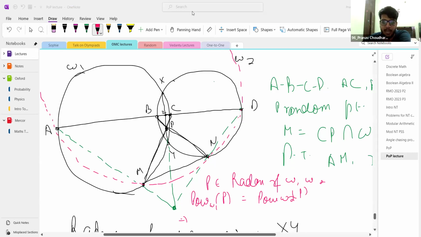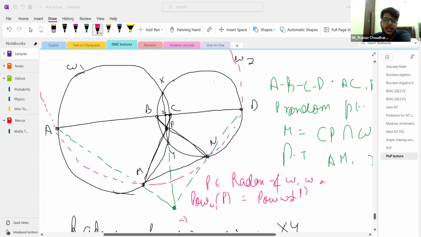Aditya, I don't know. The only cyclic quadrilateral in the figure that you have is CYMA, not ZPMA. I don't know if that's cyclic. Very likely it's not, unless you can prove it to me, which is fine. Oh, it is cyclic. Is it?